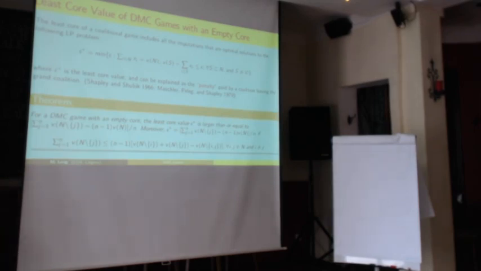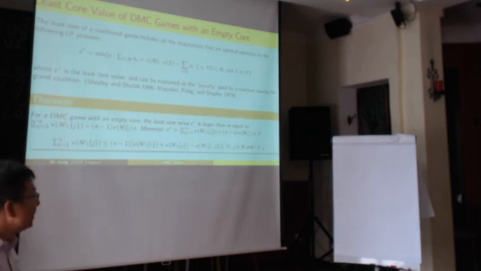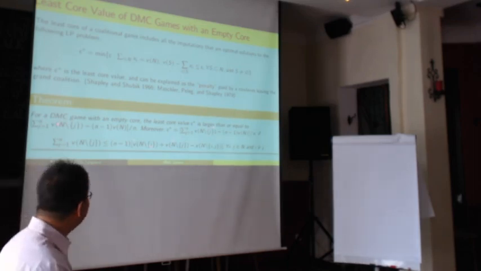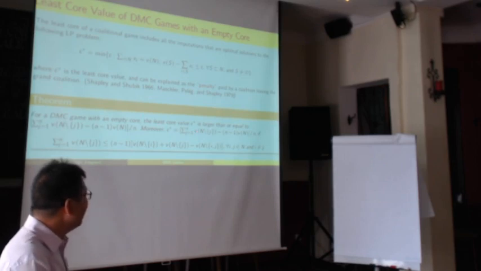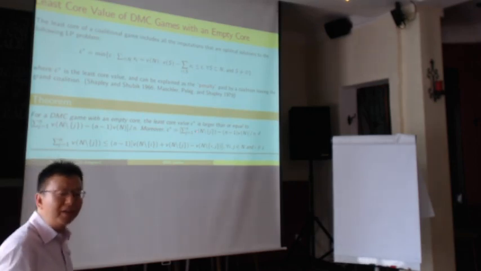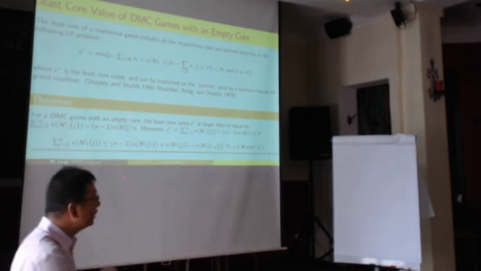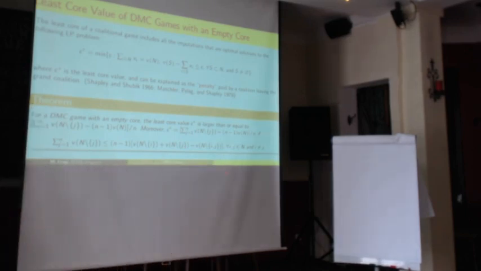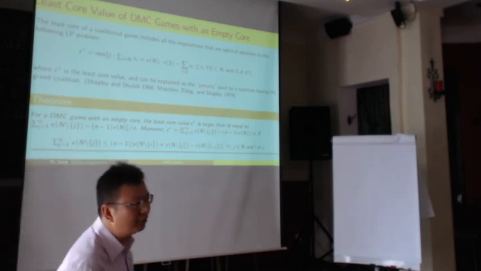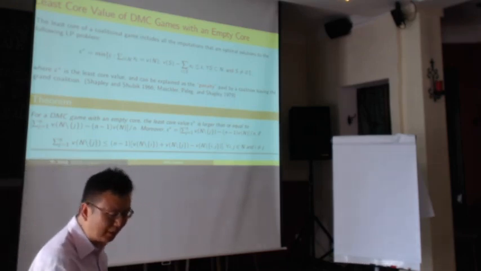Can we find the least core value? My answer is yes. First, for a DMC game with non-empty core, we already got the lower bound for the least core value. So this is the lower bound, and also under this condition, we have a closed form solution for the least core value. So this is our result.